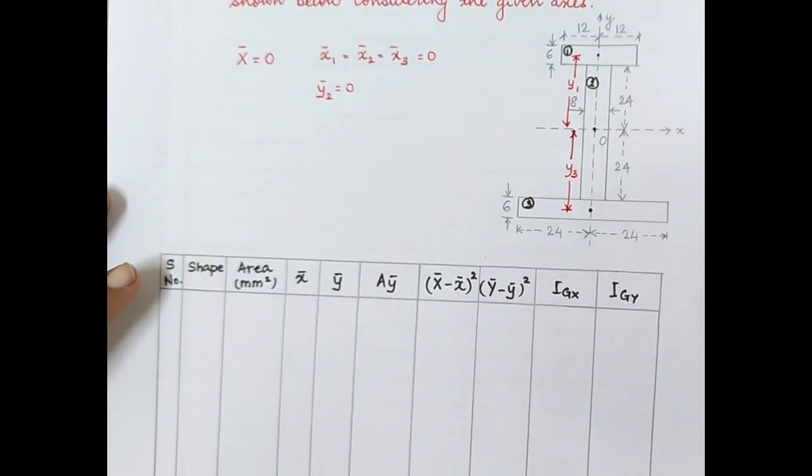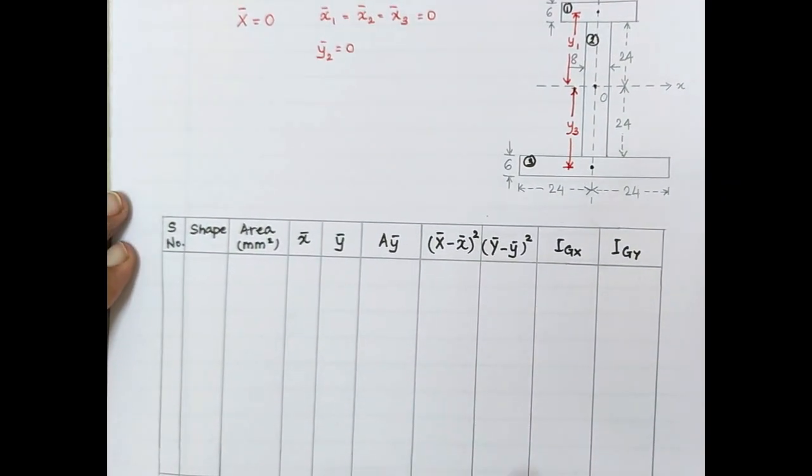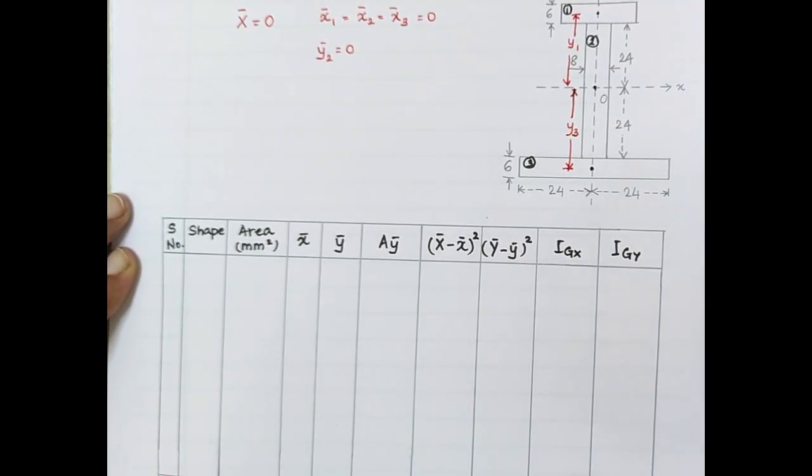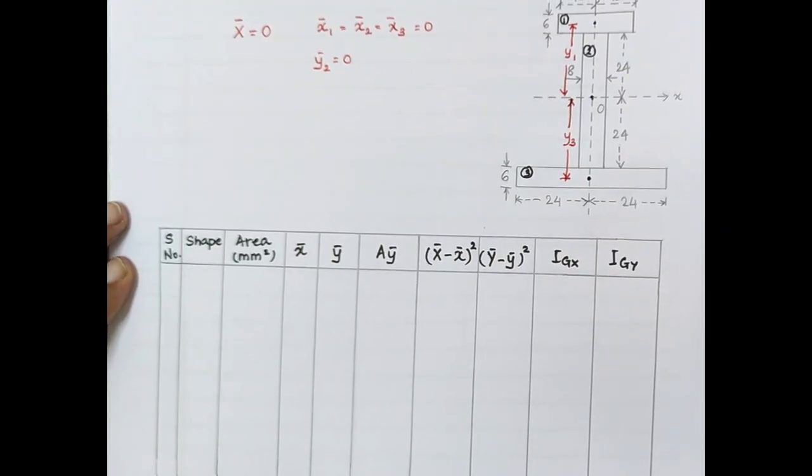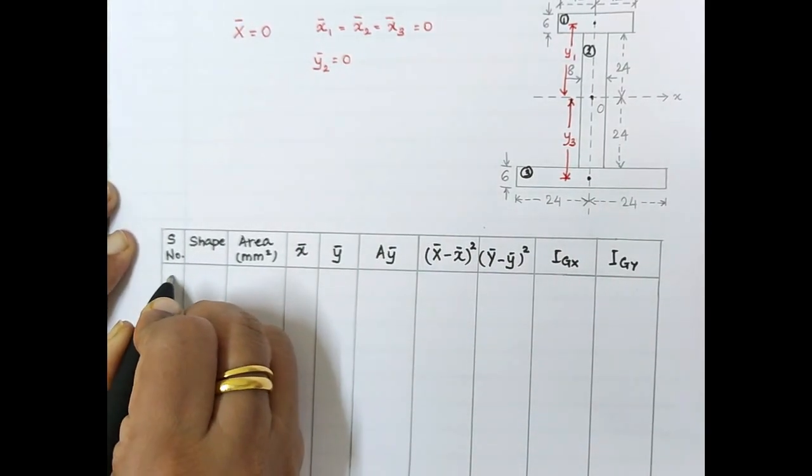Let's consider this table here. As we did in the centroid, similarly we are going to go step by step, take the different components of the I section, and find out the overall centroid. So let's go with shape number 1.